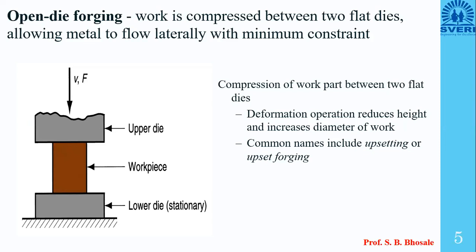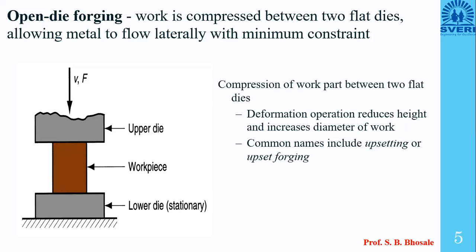Both dies are flat, no impression on the dies, and the workpiece is placed between the upper die and the lower die. Most of the time, the lower die is the stationary die, and the upper die is the movable die, which can move upward and downward. And the upper die applies the force on the work material.